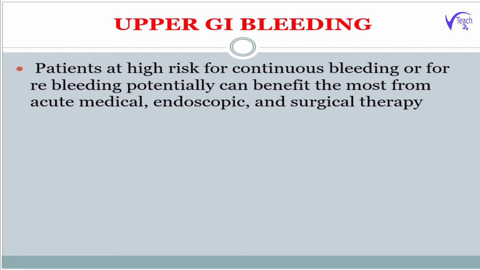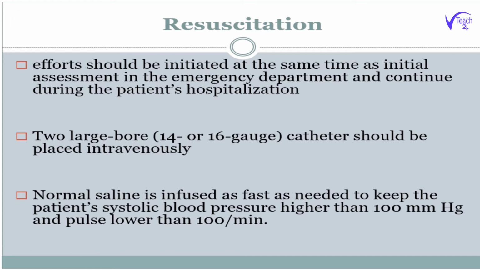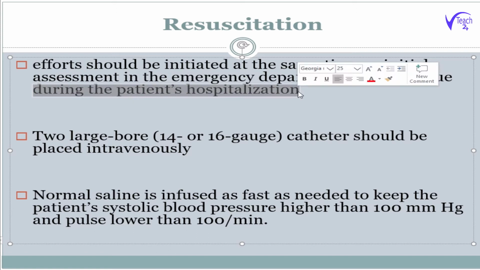Option number one is definitely resuscitation, and we will perform the resuscitation and then follow accordingly. Resuscitation efforts should be initiated at the same time as the initial assessment in the emergency department, and need to be continued during the hospitalization.